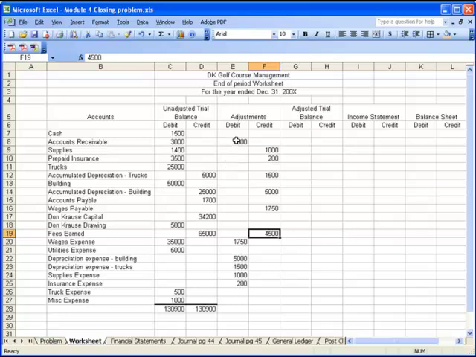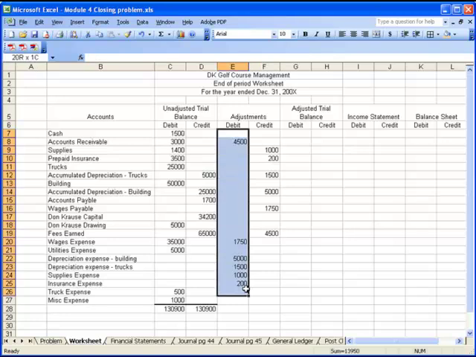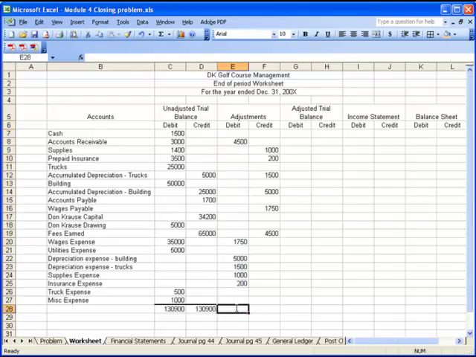Now we haven't finished this process because we have to foot our columns, and so if I add up all of my debits, I see they turn out to be $13,950. And if I add up my credit column, I see they turn out to be the same, $13,950. And so my adjustments turn out to be proper as far as debits and credits go.